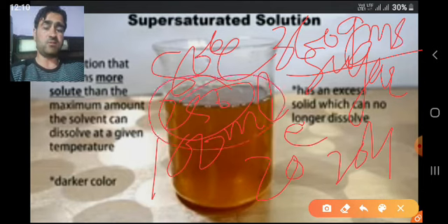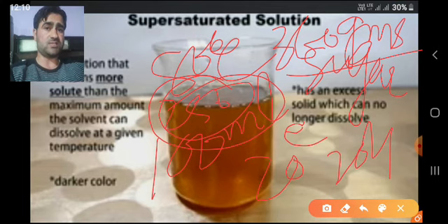So we have dissolved more solute than was required to make a saturated solution. Such a solution that contains more solute than was required to make a saturated solution at a specific temperature is known as a supersaturated solution.